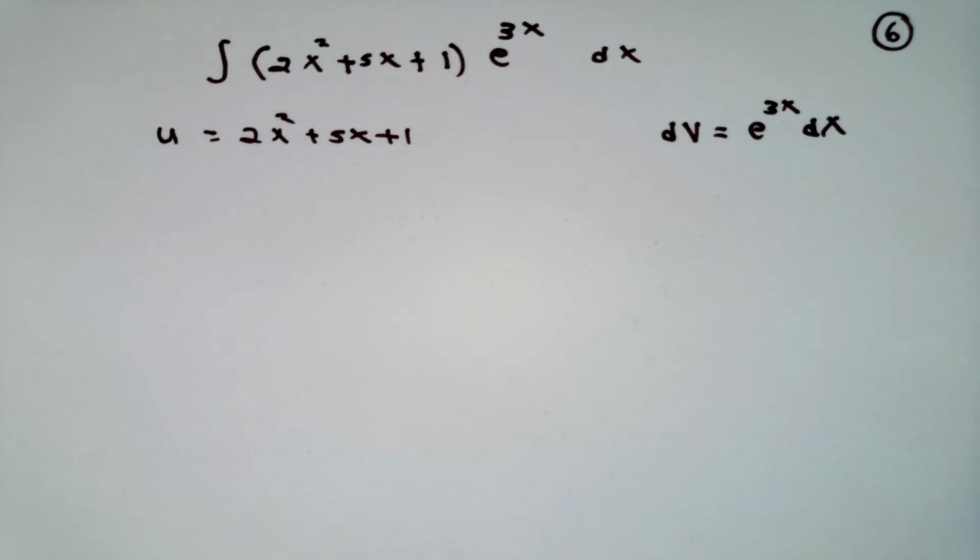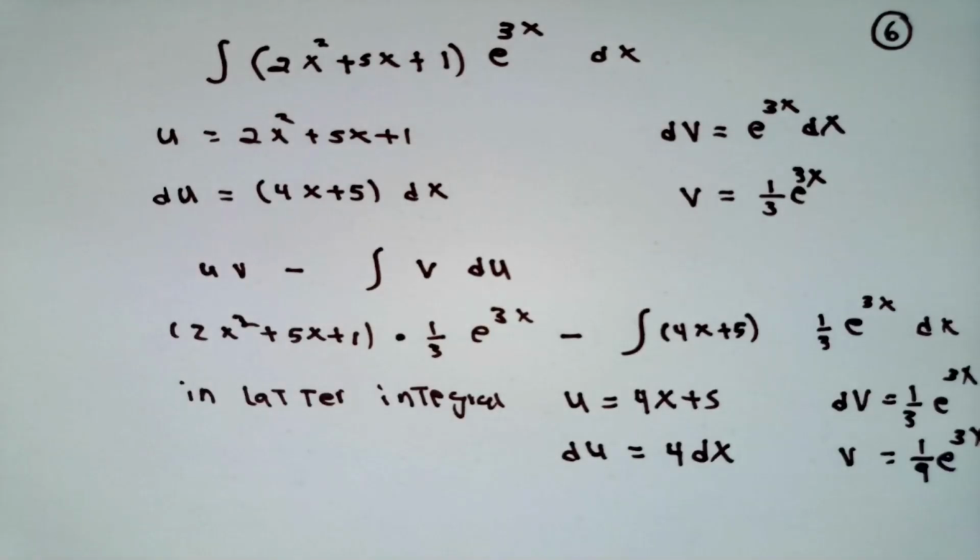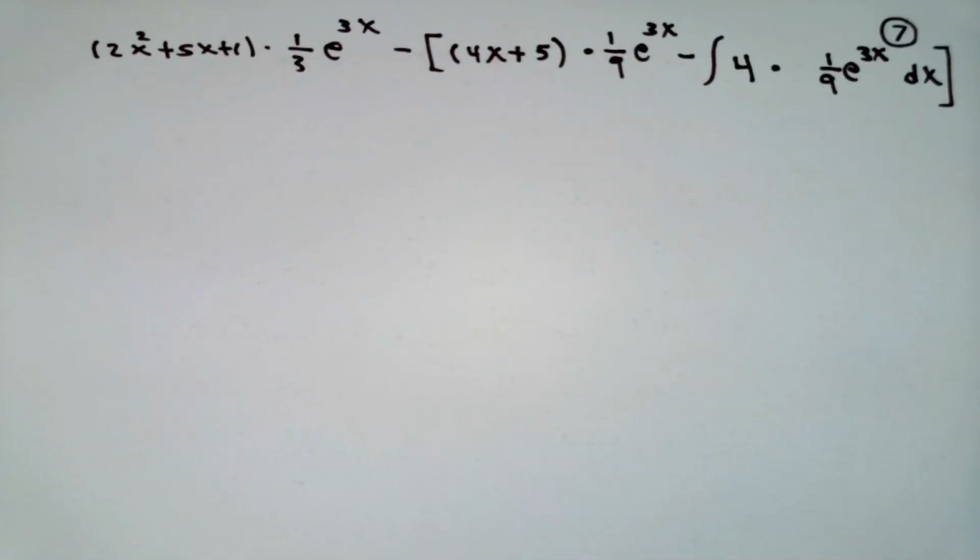Write out the integration by parts formula, being careful to keep separated the things that originated from the polynomial and the things that originated from the exponential. Writing out this integration by parts, we get kind of a messy thing. I've put it inside of brackets in that second term to keep things straight.